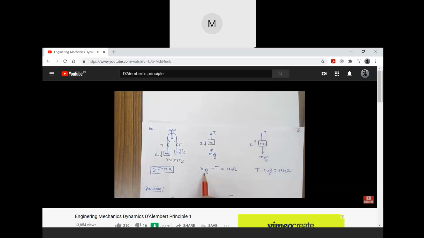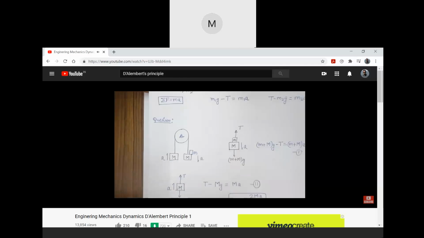If I write the equation of motion considering the D'Alembert principle, the direction of motion will be positive, so M1G will be positive, T will be negative. So my equation will be M1G minus T, and that will be balanced by M1A. Similarly, in the second case, the mass is moving in the upward direction, so T will be positive and M2G will be negative, so T minus M2G is equal to M2A.